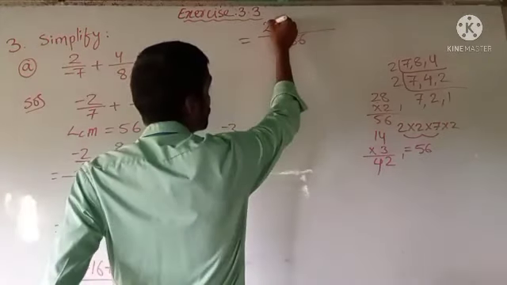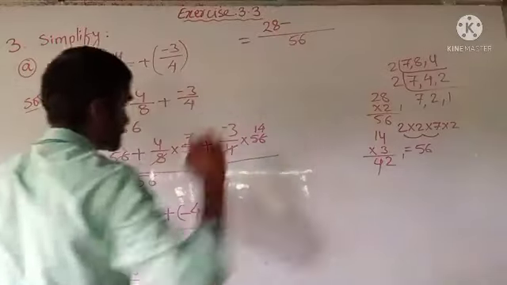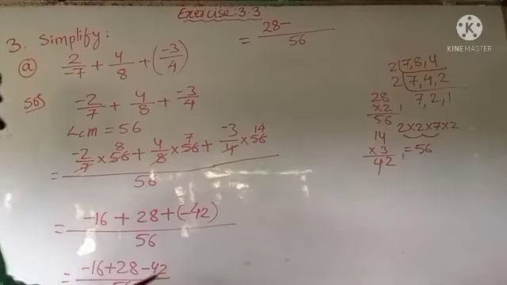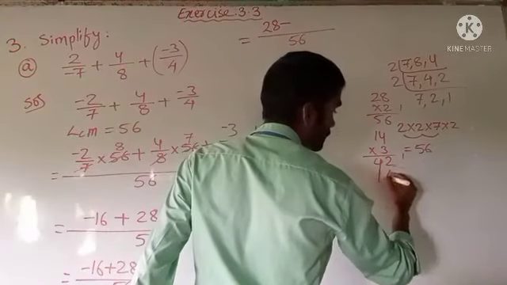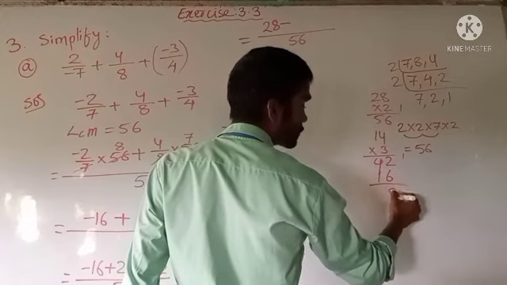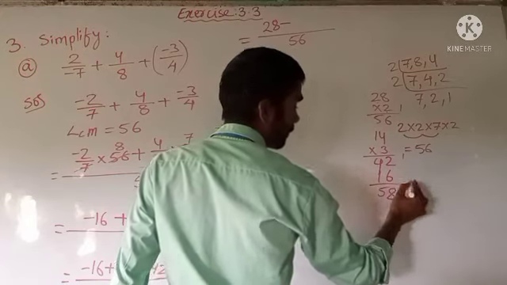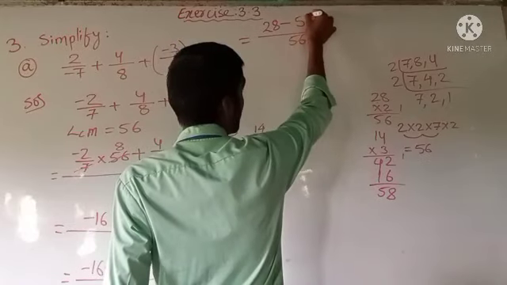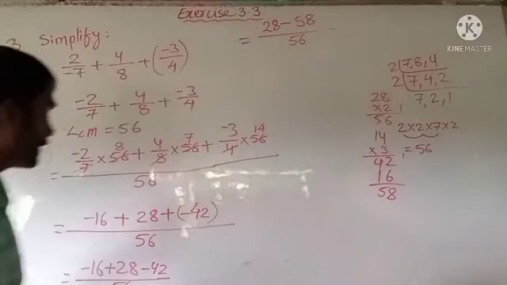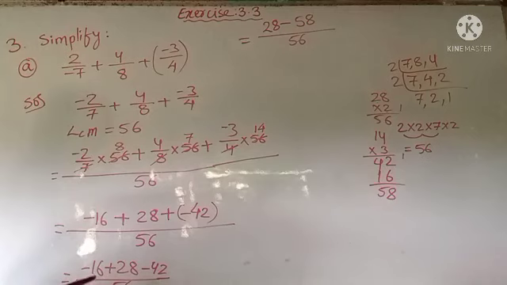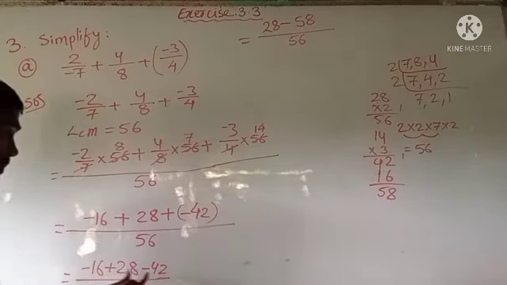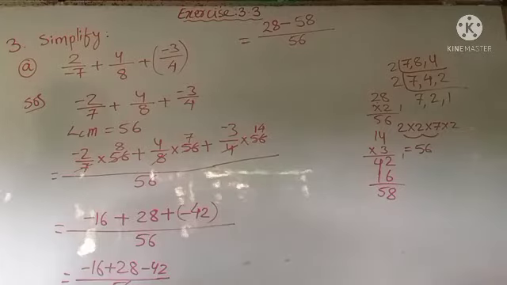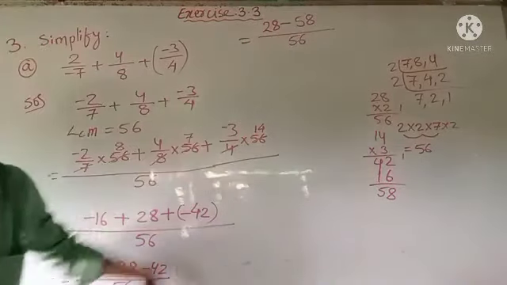So 28 minus, what we will get, 16 plus 42. 42 we will add 16 here. 6 plus 2 is 8, 4 plus 1 is 5. So we got 58, 28 minus 58. You can solve it directly also: minus 28 minus 16, you can do, and you can write the greater integer's sign also, and you can add these minus minus together, and then you write one of the signs, that is the greater integer's sign.